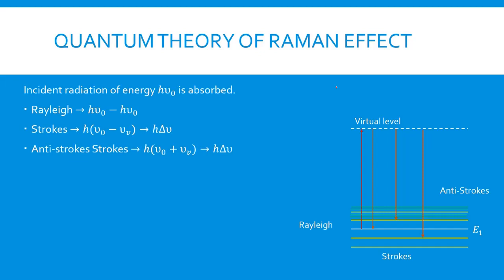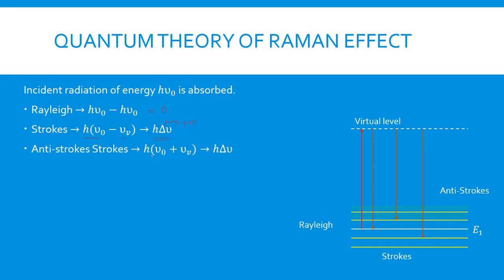If the incident radiation has an energy of h nu 0, then for the Rayleigh line, the electron absorbed h nu 0 and also emitted h nu 0, so the energy difference is 0. In the case of Stokes lines, it absorbed h nu 0 but released only h nu, giving an h delta nu, where delta nu is positive.